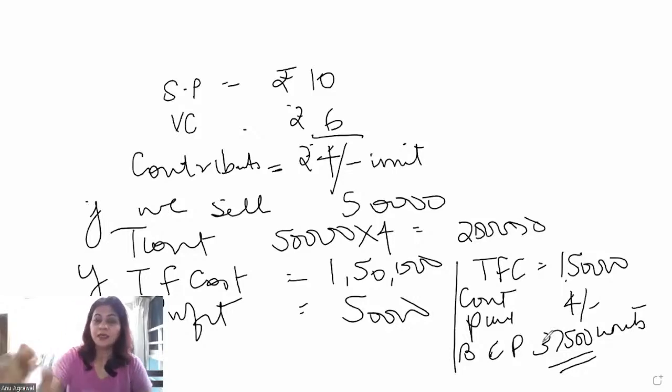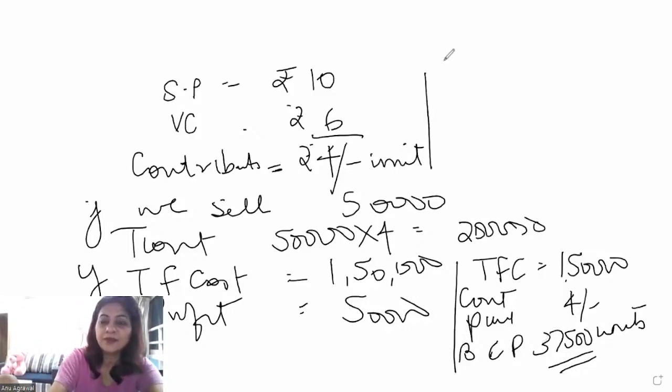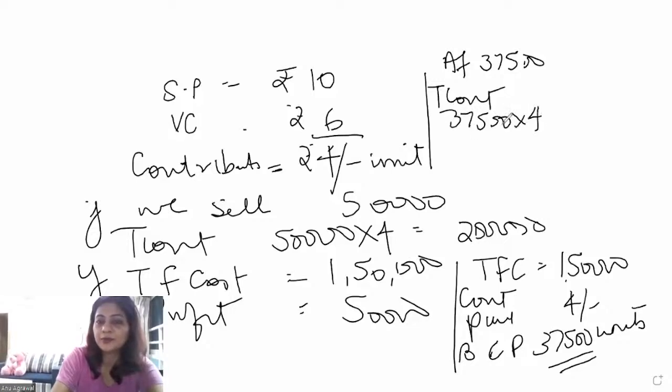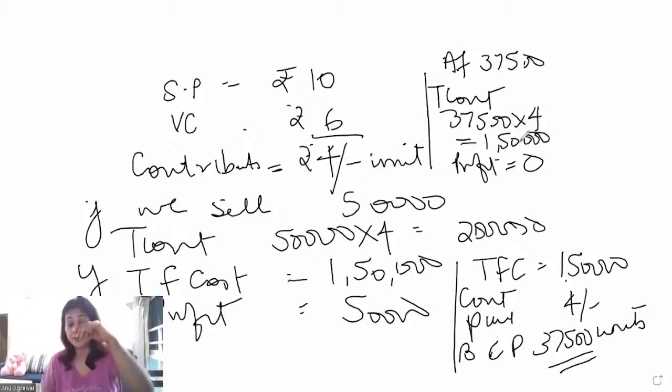That means at 37,500, my total contribution is how much? 37,500 into 4, which is 1,50,000. So profit is 0. Because from this 1,50,000, when I subtract my fixed cost of 1,50,000, my profit is 0.